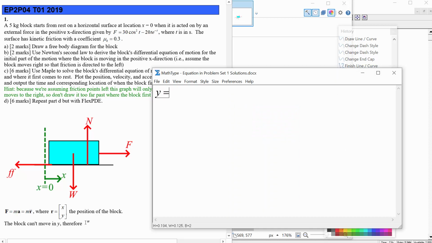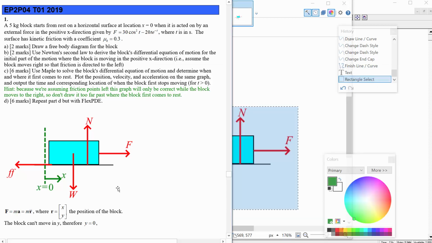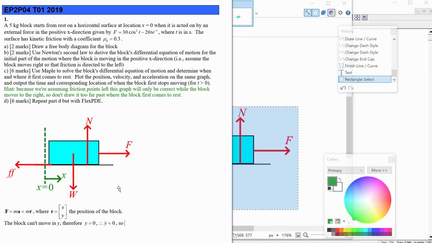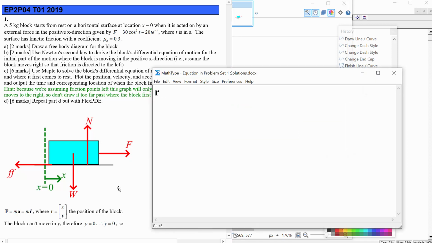Therefore, the y position is always equal to 0, right? And that means, we can use our therefore symbol as well, that y double dot is equal to 0. So r double dot is equal to (x double dot, 0), but this is equal to the force divided by the mass.